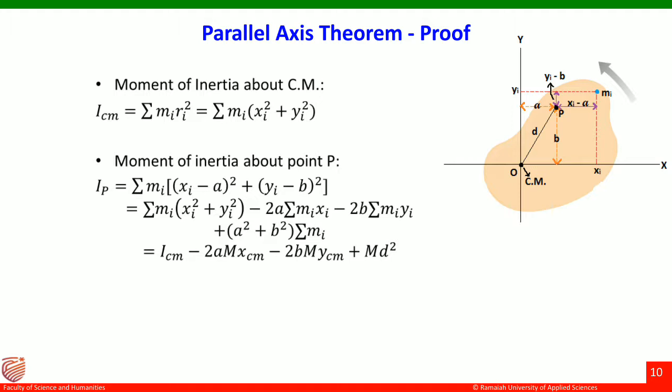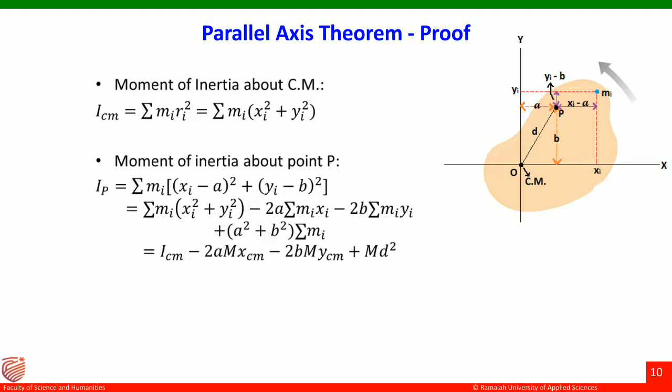Now let us consider the blue dot, which is written as mi. The corresponding coordinates can be written as xi comma yi. The coordinates for the point whose mass is mi are xi comma yi.